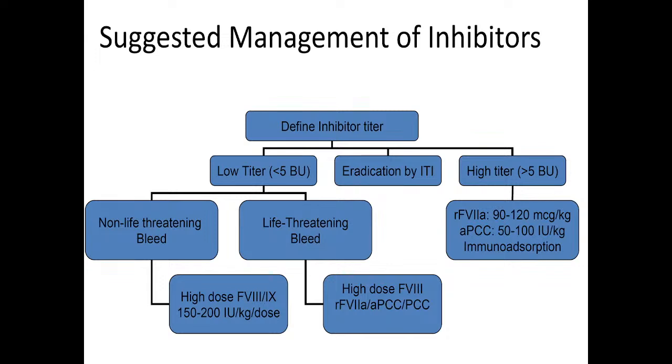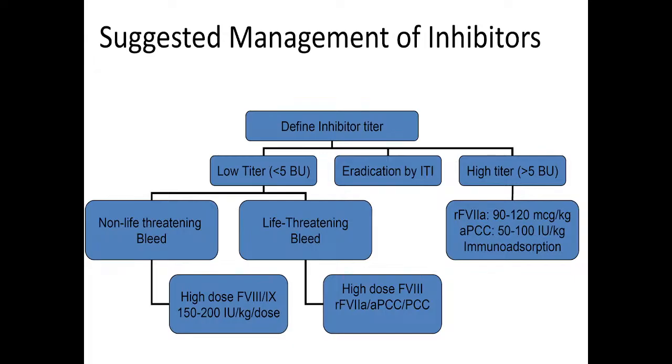Then APCC, the activated prothrombin complex concentrate, 50 to 100 international units per kg. It works with immunoadsorption; antibodies will be adsorbed on that. And for low titer with non life threatening bleeding, we can use high dose factor 8 or factor 9, 150 to 200 IU per kg per dose, that is a very high dose.